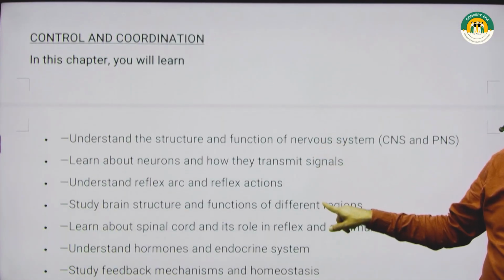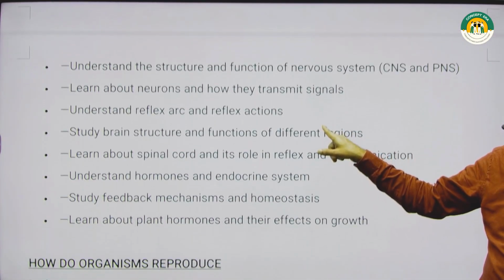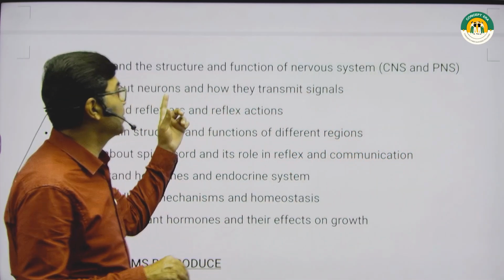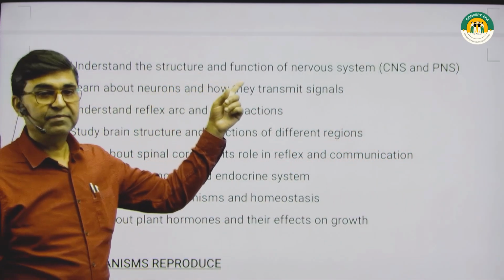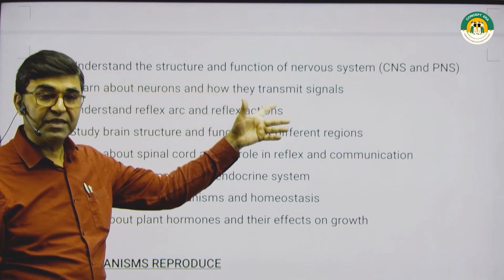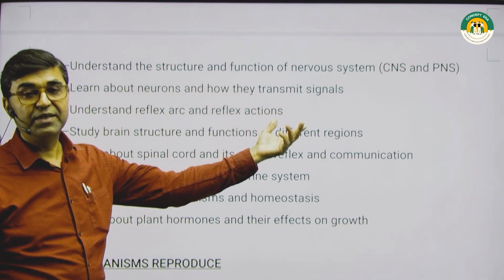Control and coordination. Next chapter. Understand the structure and functions of neurons and nerves, types of nerves, how signals are transmitted along the neuron.